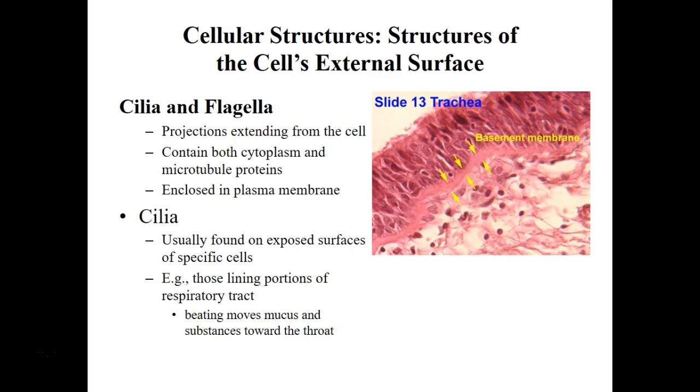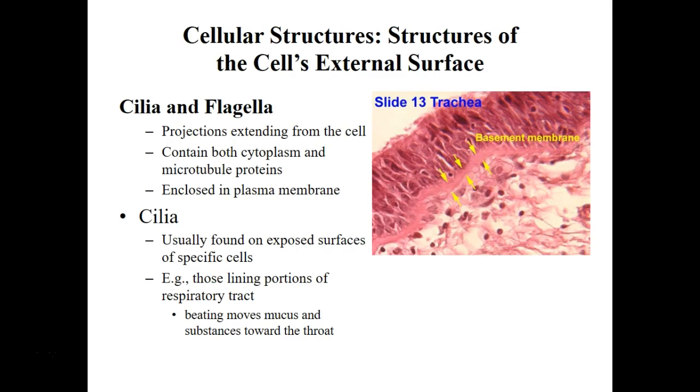Cilia and flagella, these are structures that are found on the plasma membrane. They actually project out from the plasma membrane. Cilia are found on certain cell surfaces, and their function is to move materials along the cell.